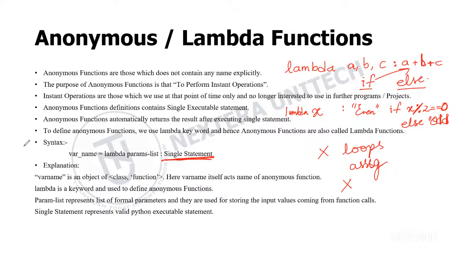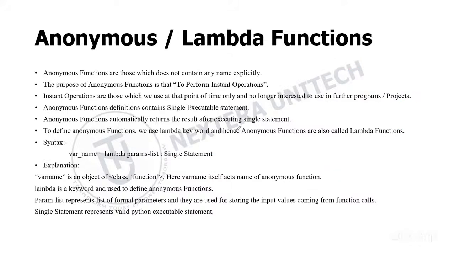You need to avoid lambda when your logic is very complex and needs multiple statements or multiple steps. You can use a normal function in case of these complex conditions.